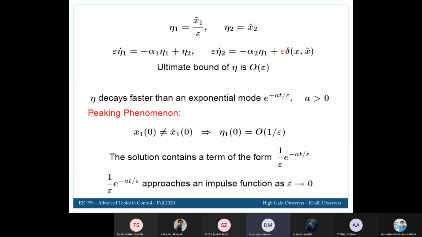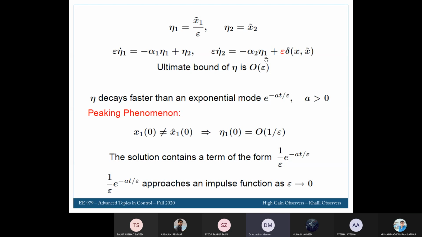Without referring to that theory, for simplicity we just see that epsilon appearing here renders the effect of the disturbance, which is the difference between the actual system value and the nominal system value, negligible. That makes sure that the ultimate bound on the scaled estimation error is of order epsilon.